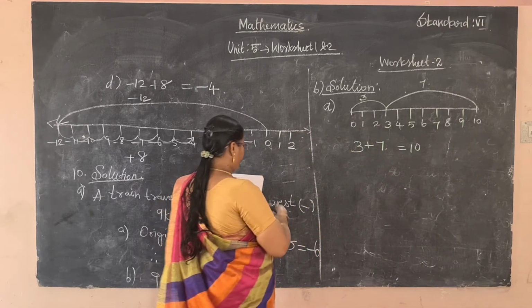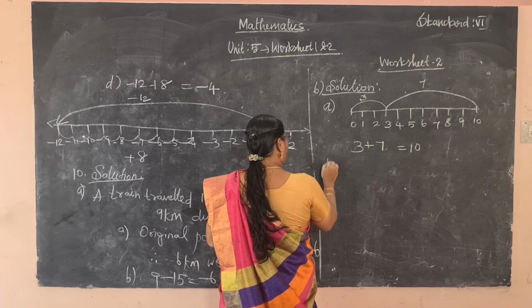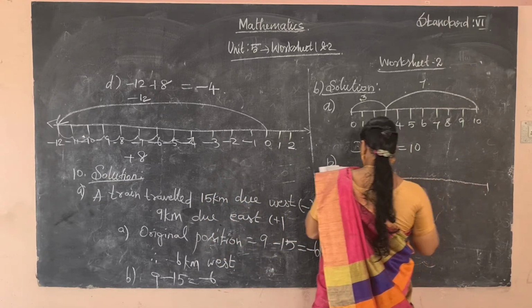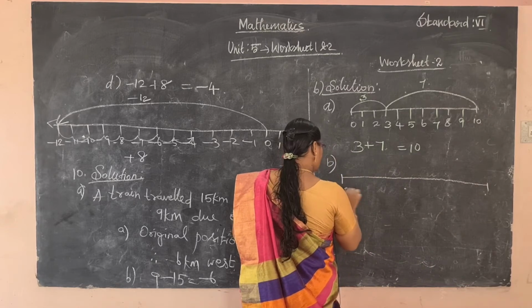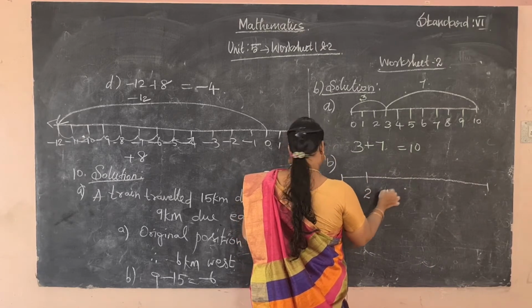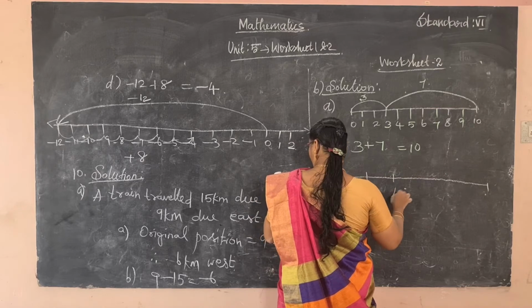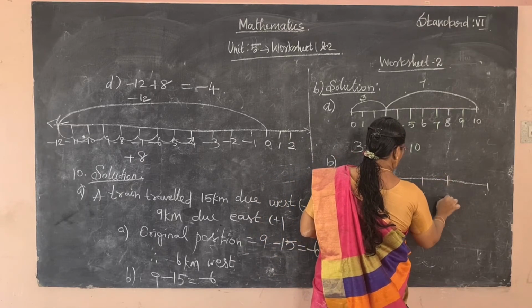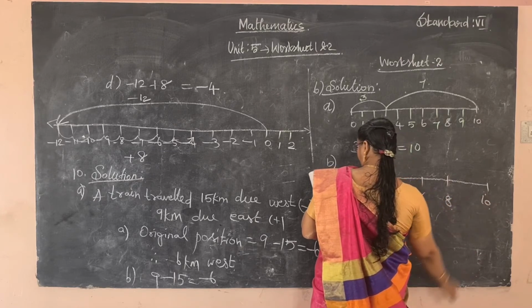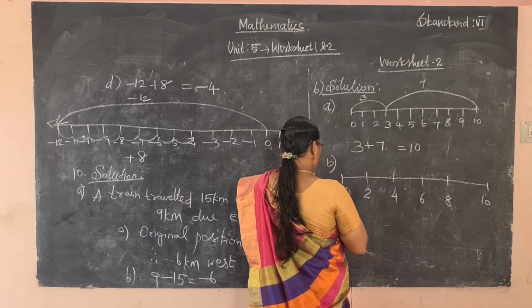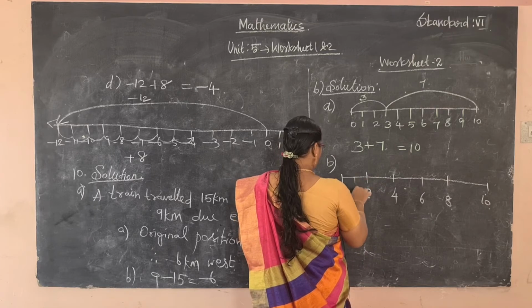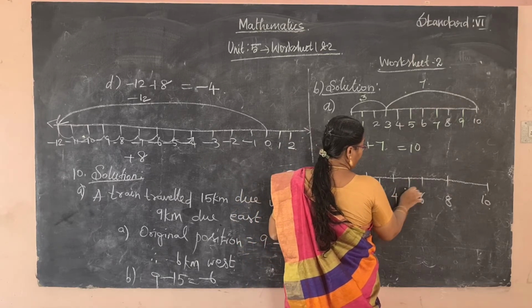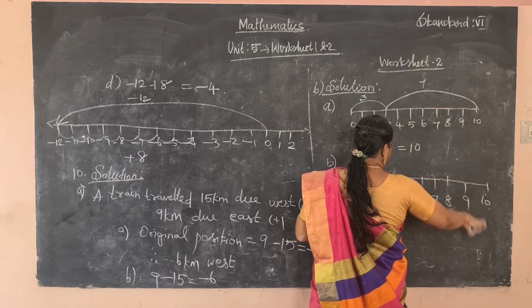Okay, that is the answer. And next B: 0, 2, 4, 6, 8, 10. So between the numbers 1, 3, 5, 7, 9.